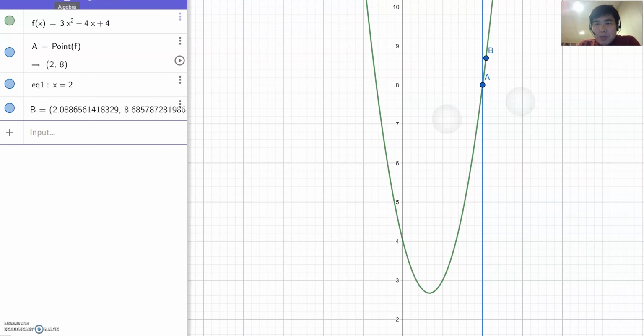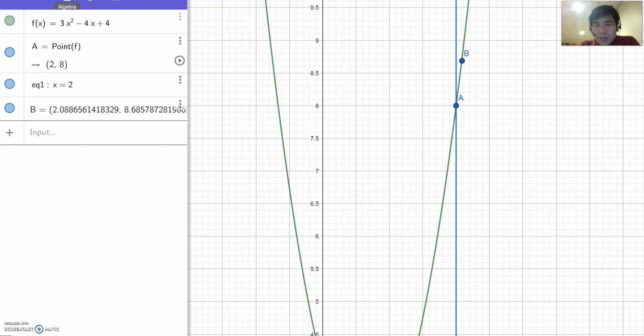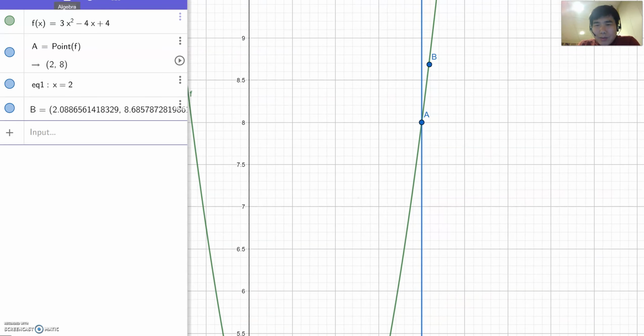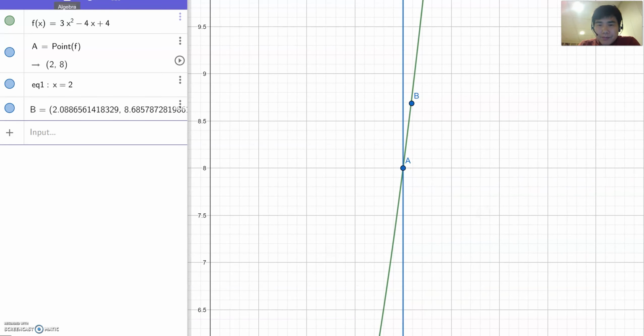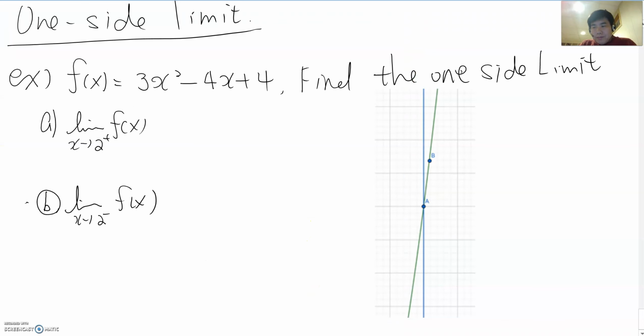Now I'm going to zoom in on this part only and explain the one-sided limit more. I'm going to take a picture of only this part and explain on the whiteboard here. Centering on this point 2, 2 plus means the value coming from the positive side.